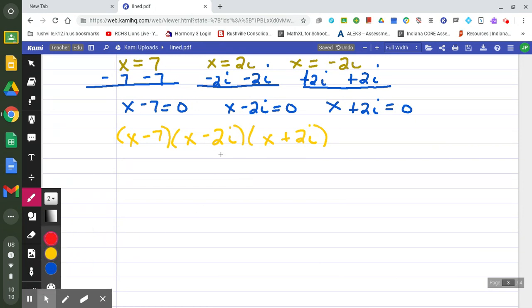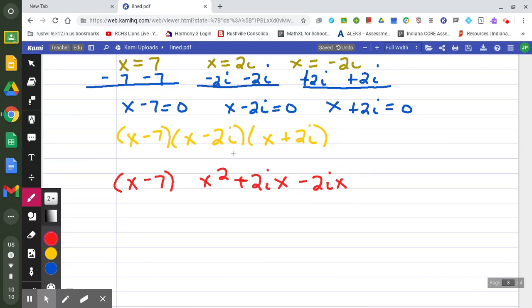I'll bring my x minus 7 down here because I'm not multiplying it yet. So then I have x times x, which is x squared. X times 2i would be plus 2ix. And then negative 2i times x is negative 2ix.